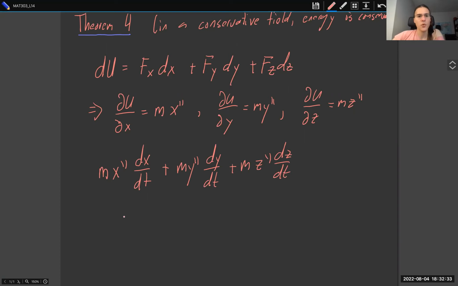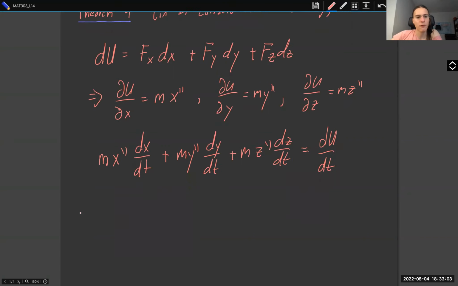This is equal to, basically I could write this as du dt, by chain rule, by multivariable chain rule. And this is actually accurate. U is a scalar function, and the time derivative of U will actually equal this quantity by multivariable chain rule.